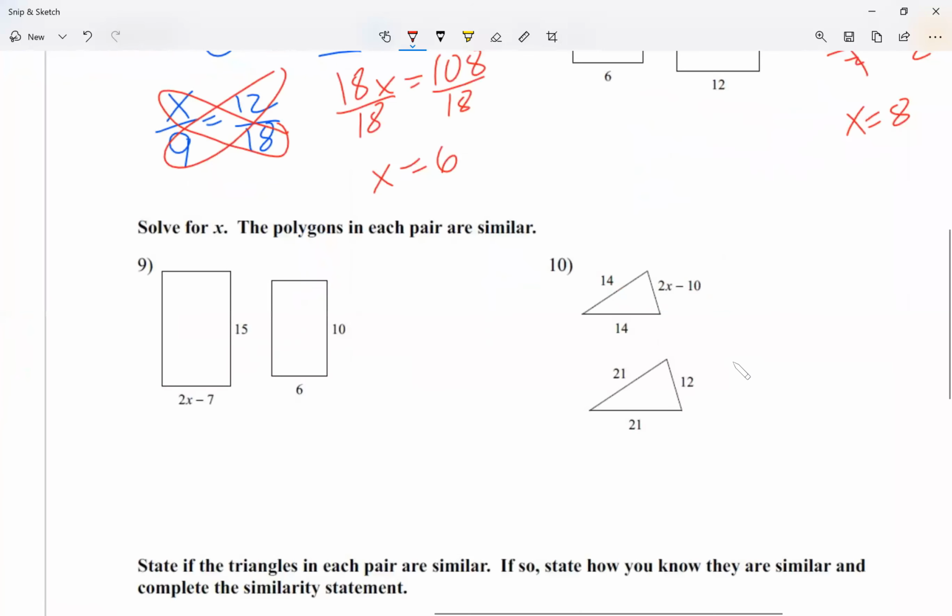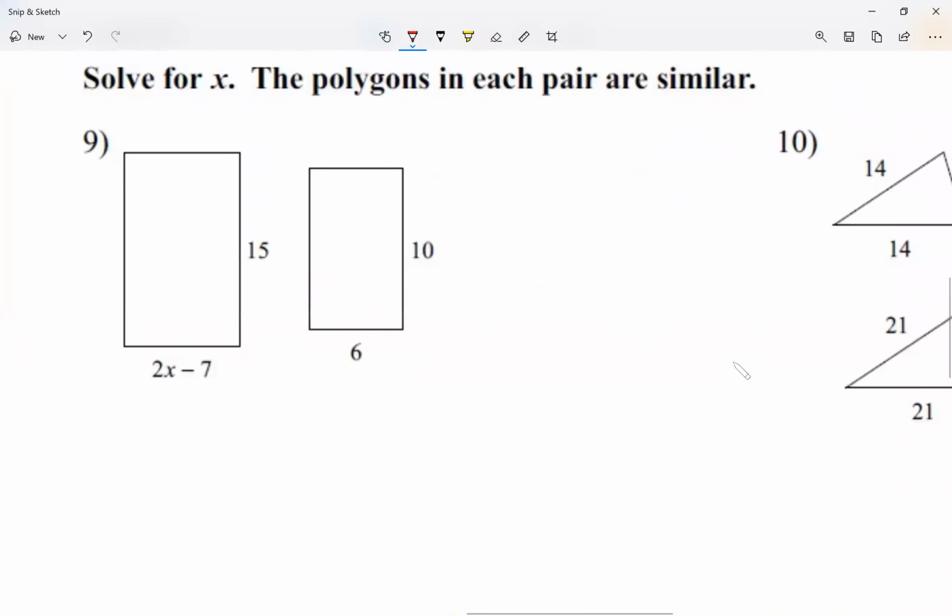Let's take a look now at question number 9. In 9 and 10, the directions say solve for X. The polygons in each pair are similar. The difference is that I'm going to have a plus or minus included in my fraction. So the 2X minus 7 is corresponding with 6. The 15 is corresponding with 10.